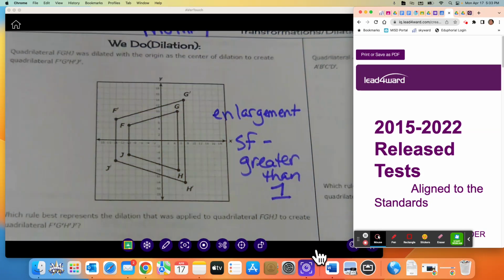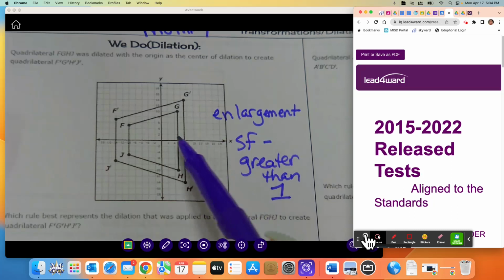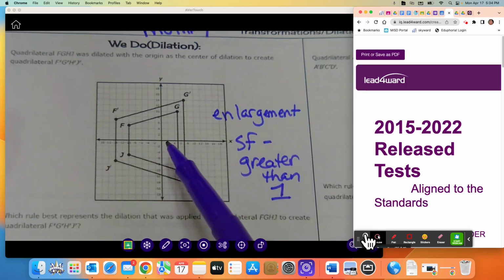So we're going to use G and G prime. For G, let's write the ordered pair. We're going to go over, so this is 2, 4, 6.